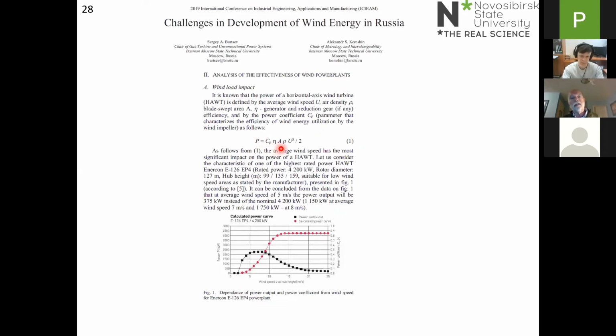Capital A is what's called the swept area of the blades, the circle that the blades sweep out as they rotate around the turbine axis.